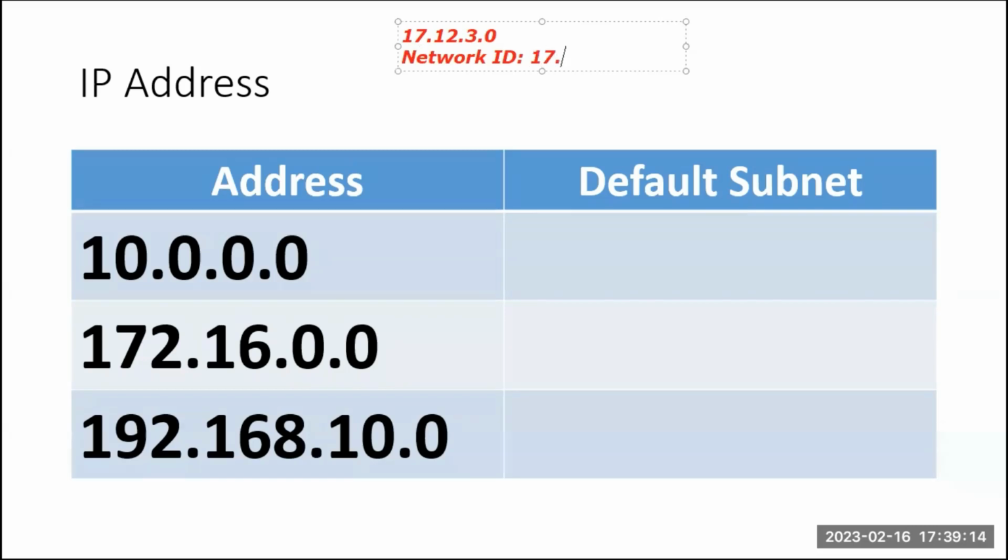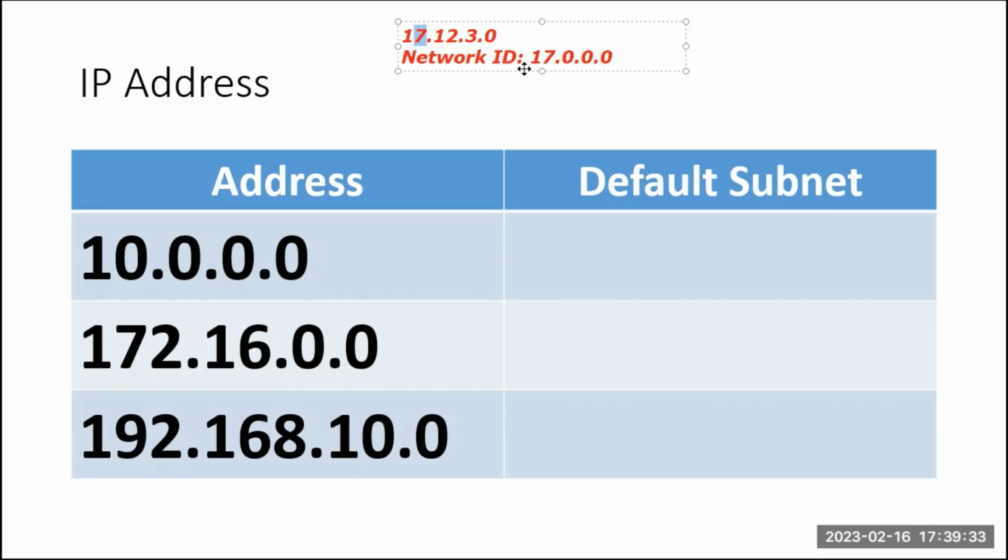Exactly. So 17.0.0.0. Because the network is defined in the first octet, just write down the value in the first octet, and change all the others to 0. And that's the network ID.